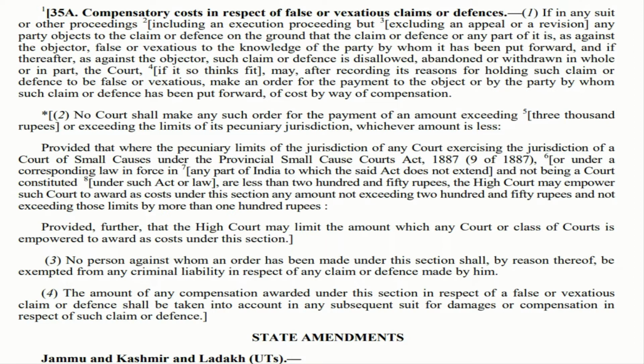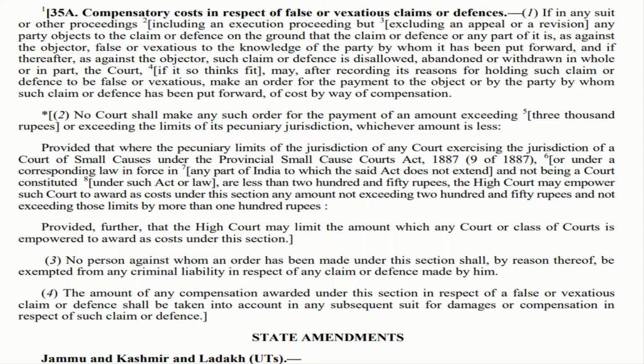There is a proviso which is given here. If there is a court of small causes, and the court has a pecuniary limit of less than 250 rupees, the High Court can give authority to that court to give cost under this section, and that amount should not exceed 250 rupees. If it exceeds 250 rupees, it should not exceed it by more than 100 rupees.